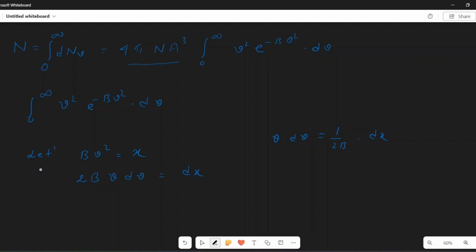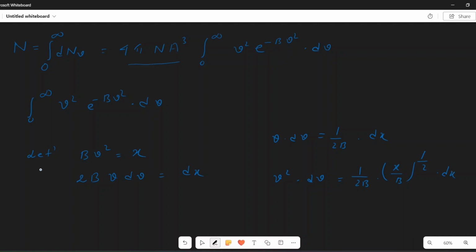We can also write that v squared dv is equal to 1 by 2b into, look at this term, we can write it as x by b to the power half, dx.